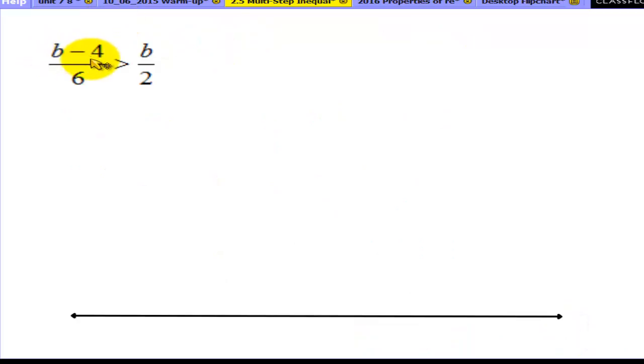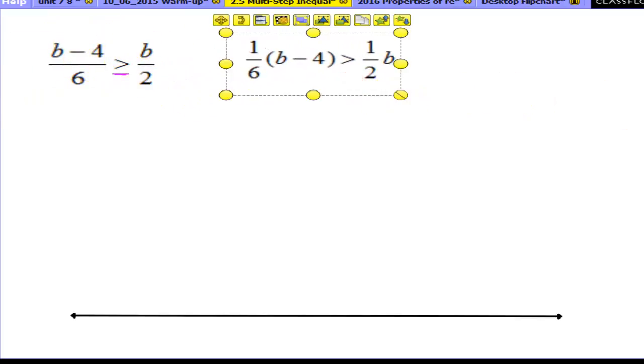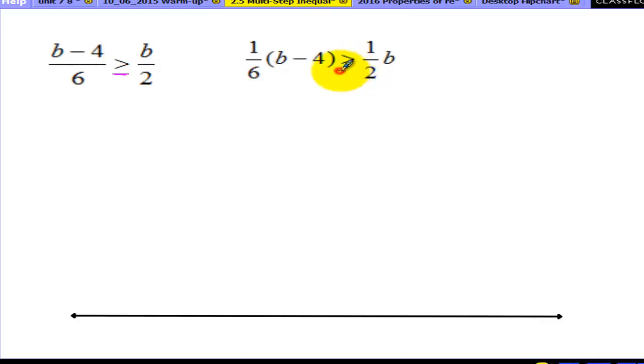Alright, last question. I have here b minus 4 over 6 is greater than b over 2. Now for the sake of our discussion, I'll just make this greater than or equal. Now note that this inequality is the same thing as this inequality. Okay, they are the same thing. So I'm going to just use this inequality to solve this problem so that we can expose ourselves to this notation.